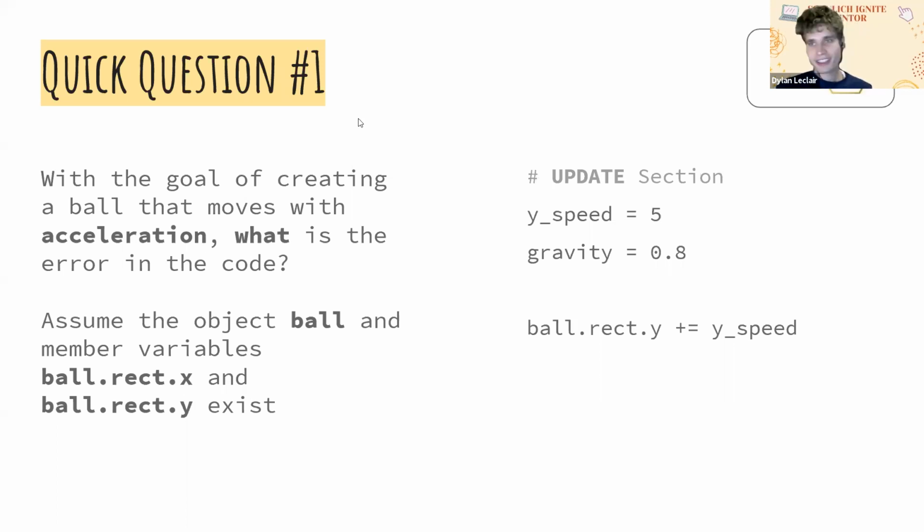It looks like most everyone has answered, so I won't waste any more of our time. Basically we had 4 options here. So we had the y coordinate position is not changed. We only had 1% on that, so it's not the biggest one, but there's this big divide between these other two. A lot of you said that the speed of the ball does not change, and that would be correct.